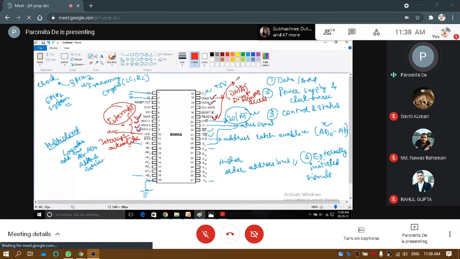If there is a slow peripheral operating at a slower speed, and that slow peripheral has now finished its operation, it tells the microprocessor, okay, I'm ready. So that ready signal is given here. So these are all interrupt signals, the externally initiated signals.